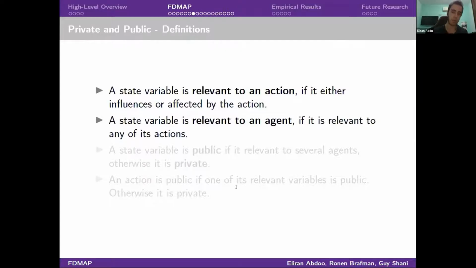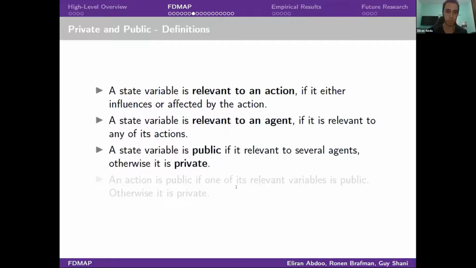Then a state variable is relevant to an agent if it is relevant to any of its actions. So this was the first part, where we say when a variable is relevant to an action, then we generalize this to a state variable being relevant to an agent.